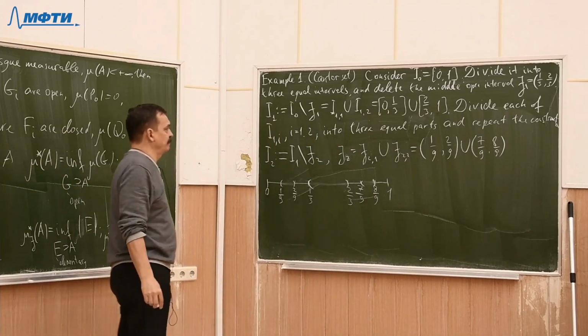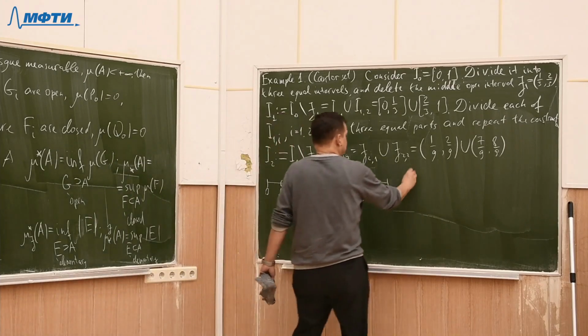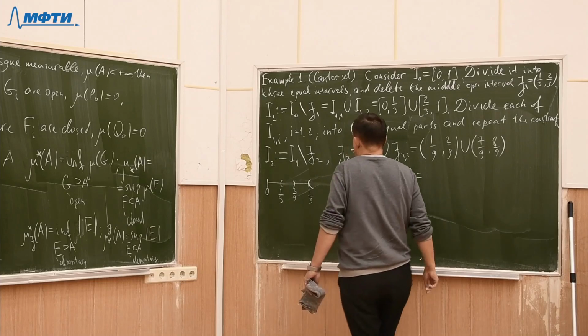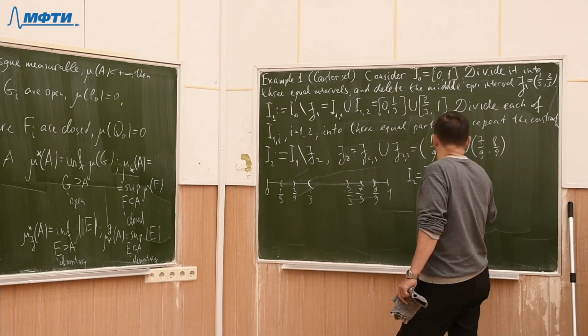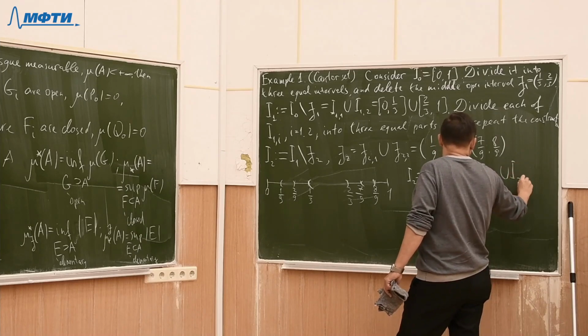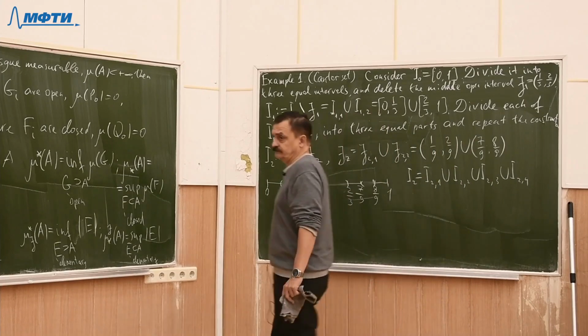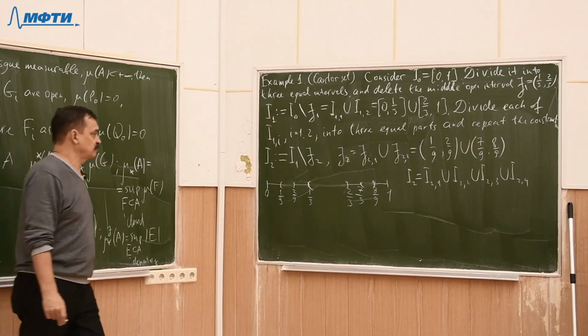And also I2 now consists of four intervals: I21, I22, I23, I24, and we repeat that construction.